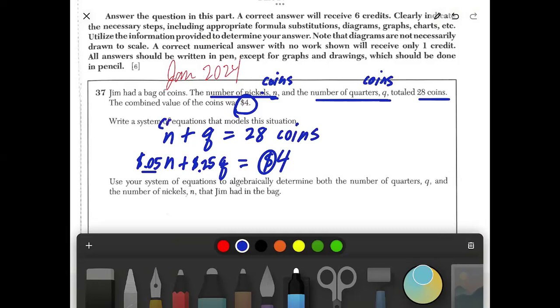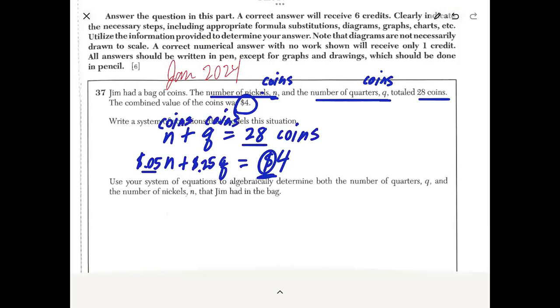The units here are coins, because a nickel is a coin and a quarter is a coin, so added together we get 28 total coins. In this case, we also have to bring dollars into the left-hand side so that we can add those dollars to get to $4. So here are the two equations. This is worth 2 points.